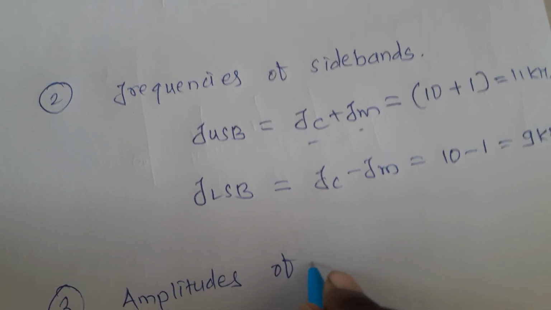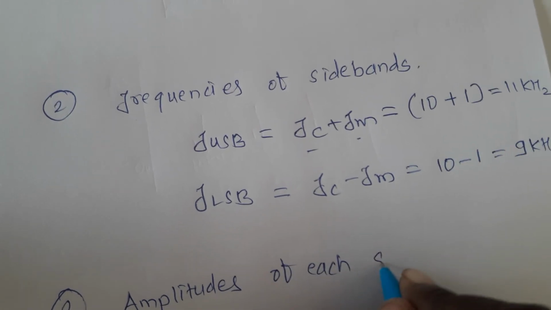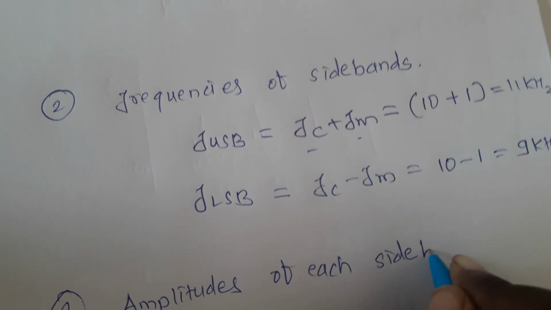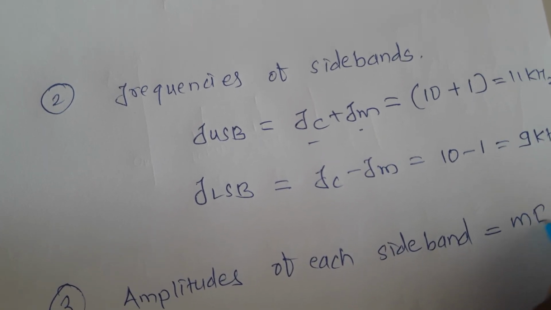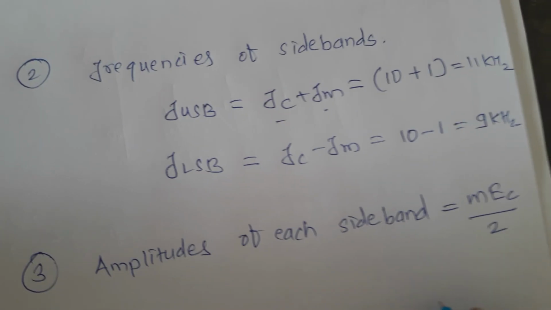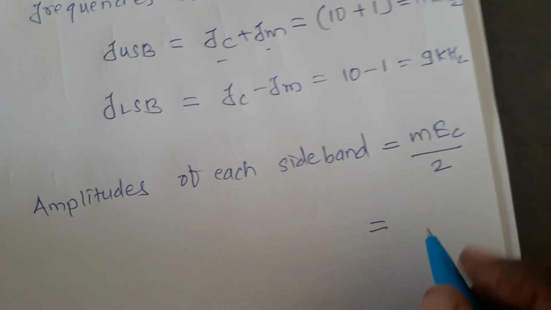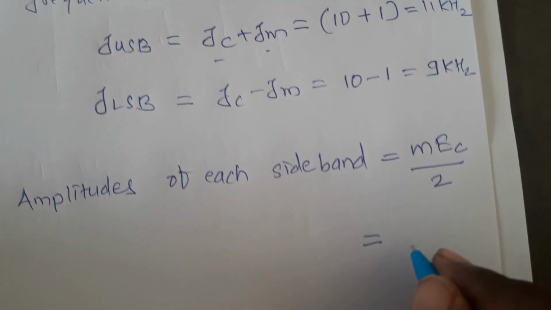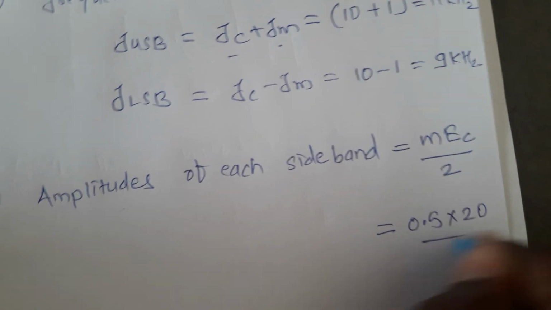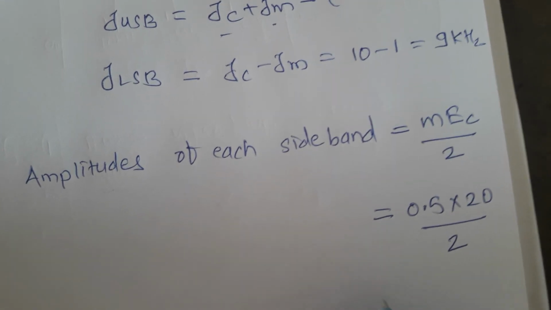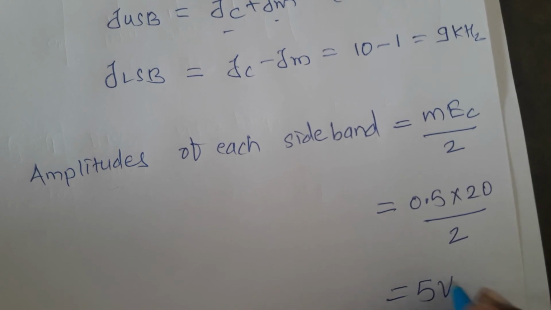Now, while finding the amplitude of each sideband, we know the formula: m Ec by 2. So we know the value of m, we know the value of EC, so 0.5 into 20 divided by 2, so it becomes 5 volt.